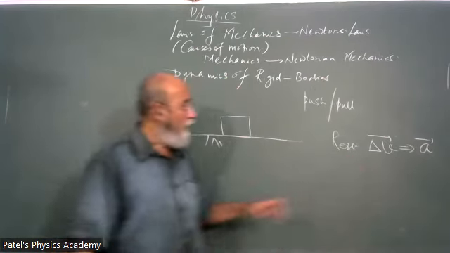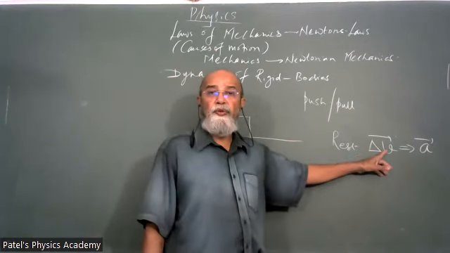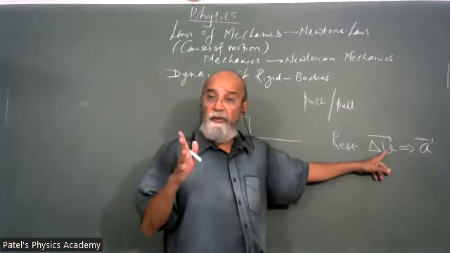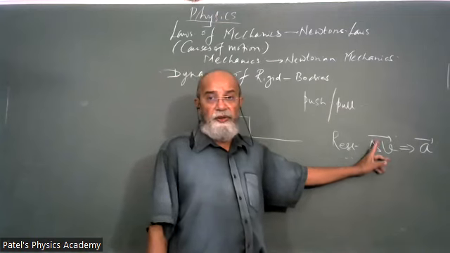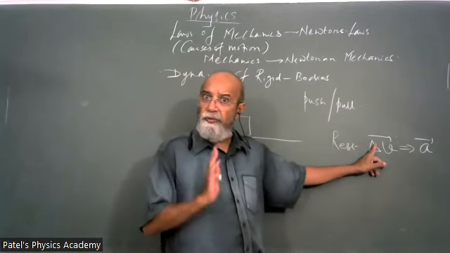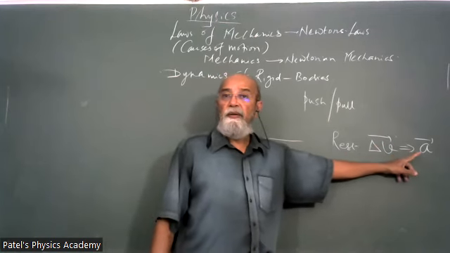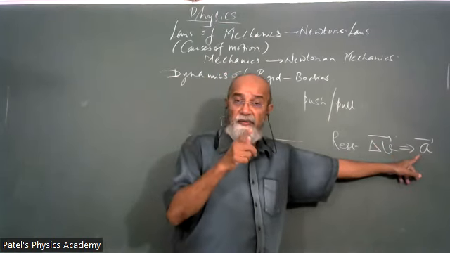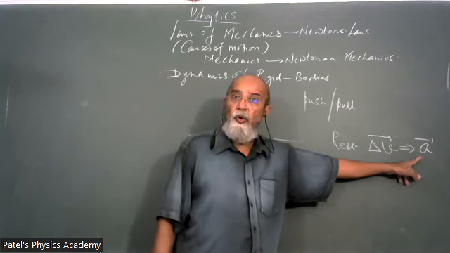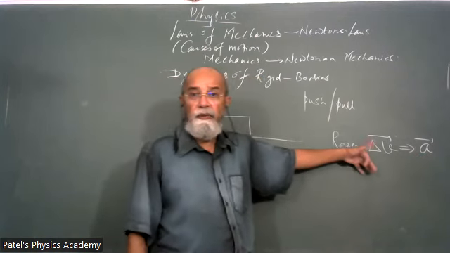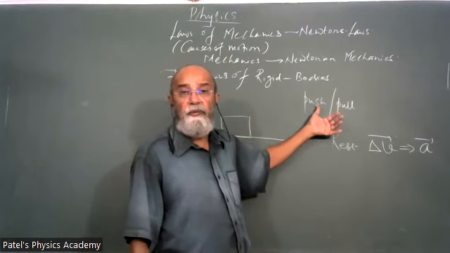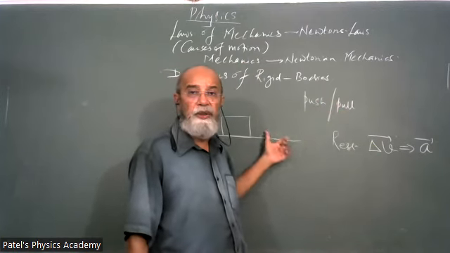We know that. Every time the magnitude of velocity changes, which is the speed, or every time the direction of motion changes, we say there is acceleration, correct? Good. So acceleration happened when we pushed or pulled this object which was at rest.